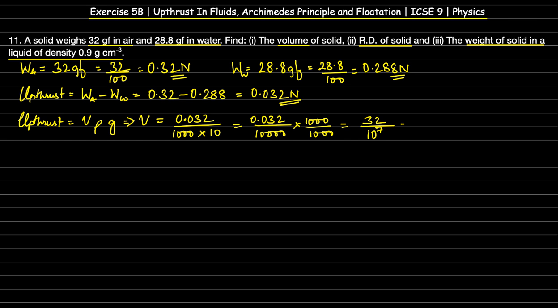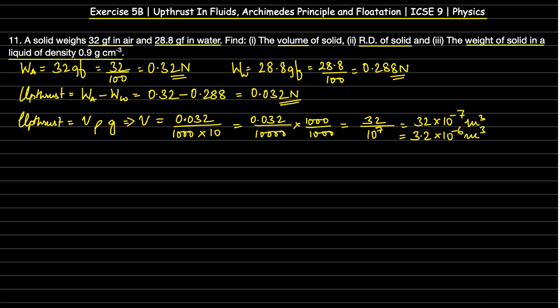So we can write it as 32 into 10 to the power of minus 7. And since this is volume, it's going to be in meter cube. So we have got this as 32 into 10 to the power of minus 7 meter cube, which can be written as 3.2 into 10 to the power of minus 6 meter cube.